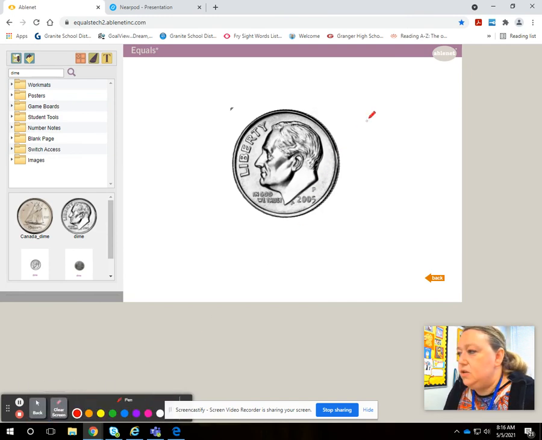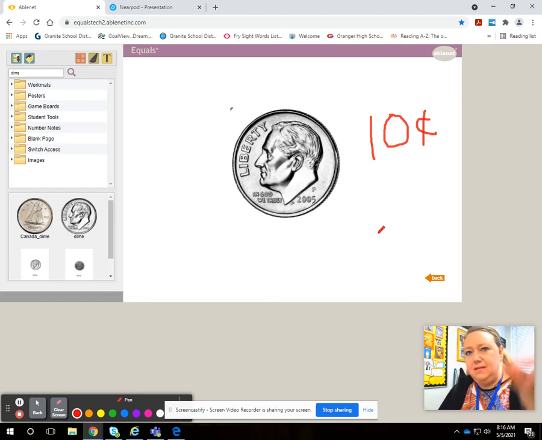Let me show you. It is worth 10 cents, okay? So I would need 10 pennies, 10 of these pennies to equal 1 dime. Or I could use 2 nickels to equal 1 dime. So 10 cents for 1 dime, okay?